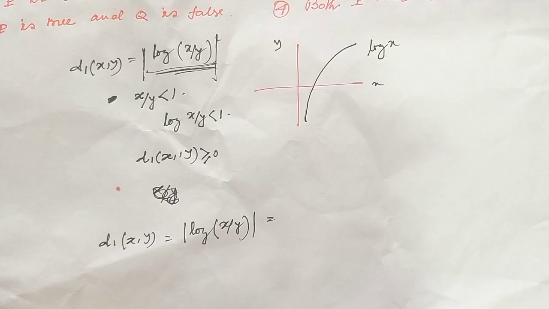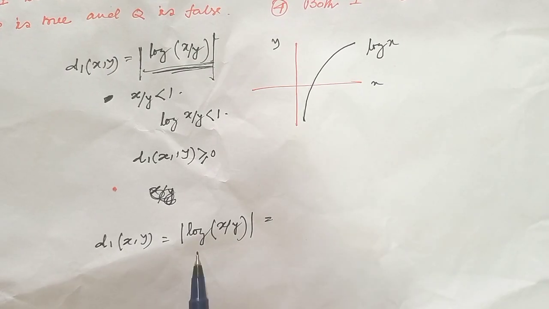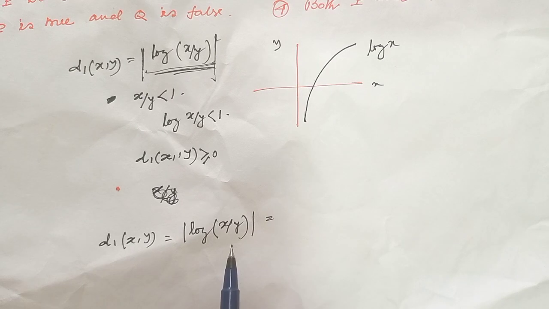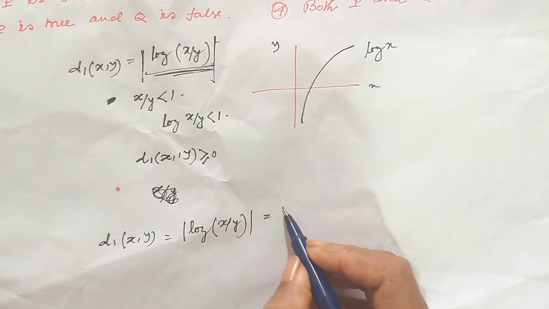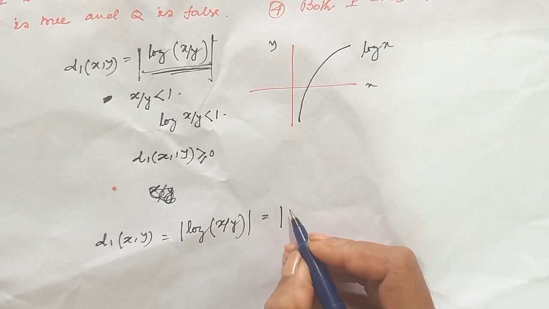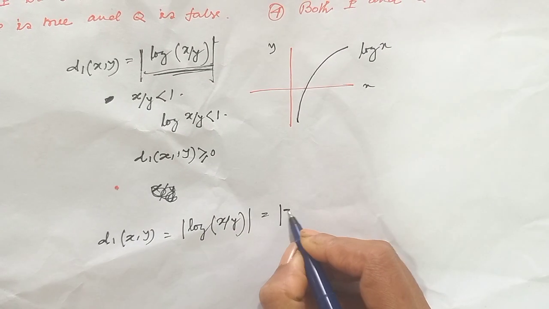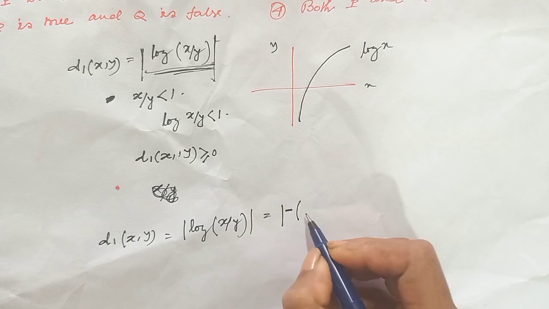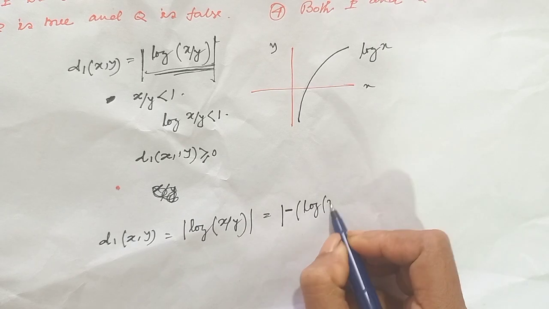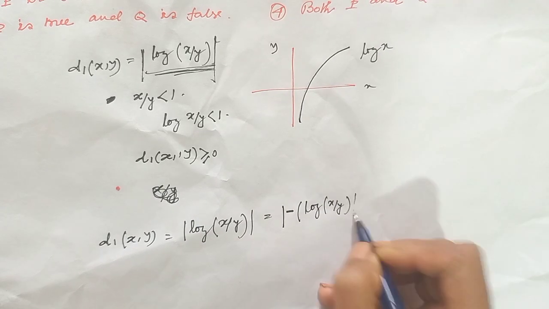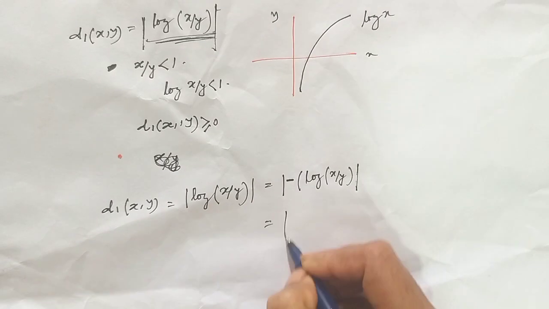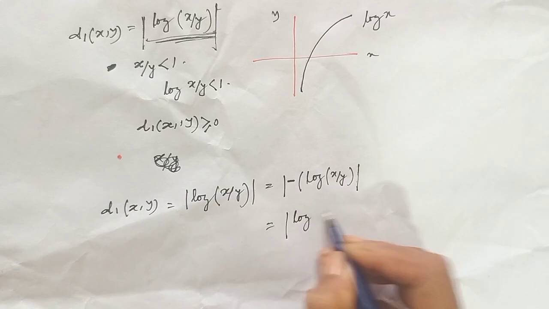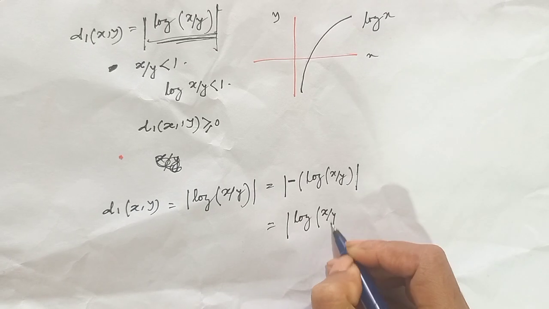Second condition: d1(x,y) = the absolute value of log(x/y). Since here we have the absolute value, we can write this as minus log(x/y). Obviously this value and this value are the same. Then this equals the absolute value of log(x/y).